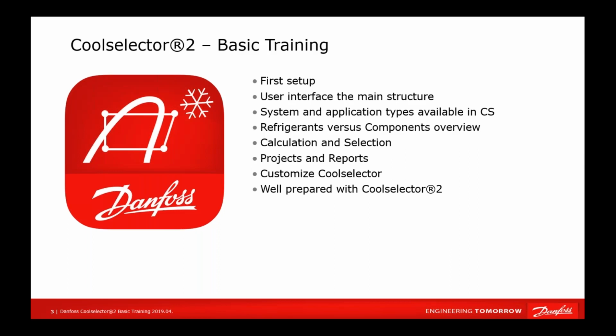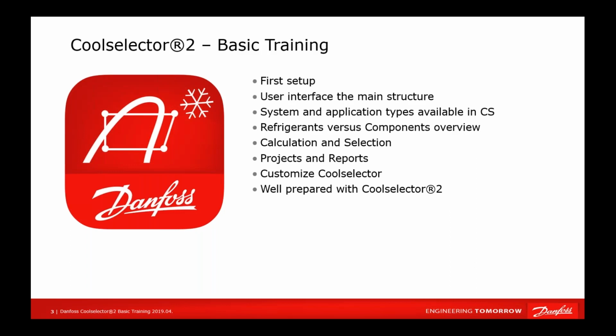Starting with the first setup, how to do that in a structured way. Then I will go with you through the user interface and its main structure. We will have a look at the system and application types available in Coolselector.